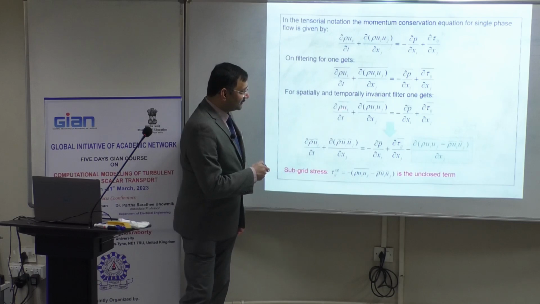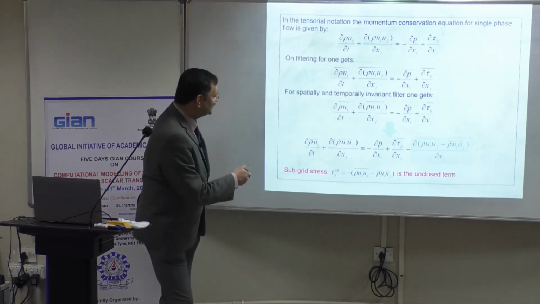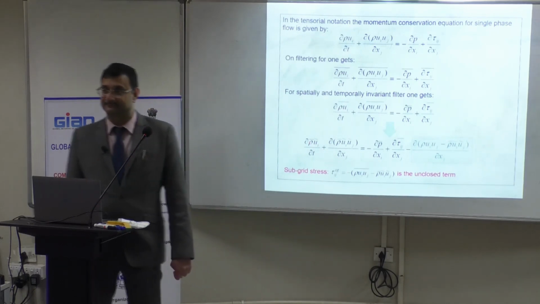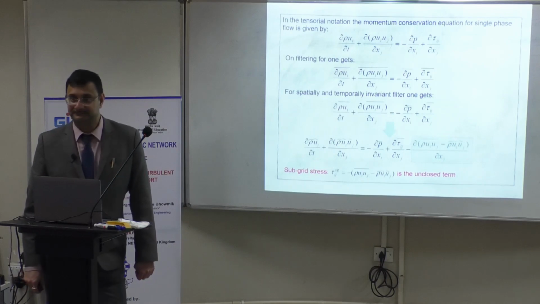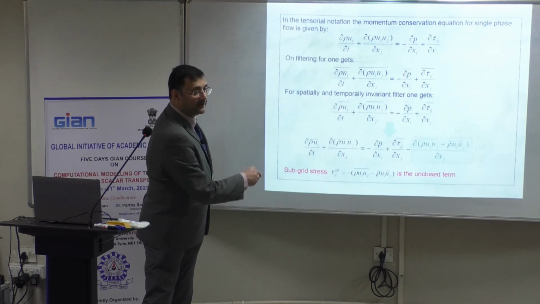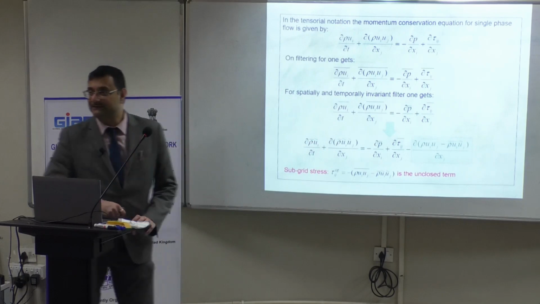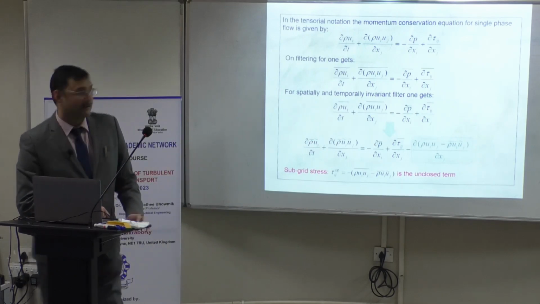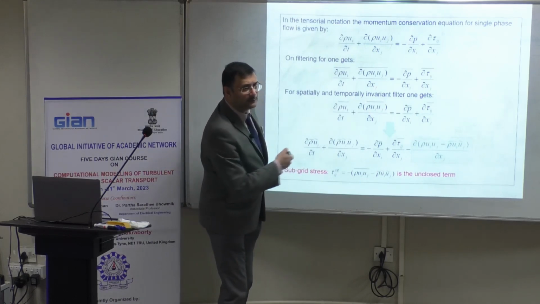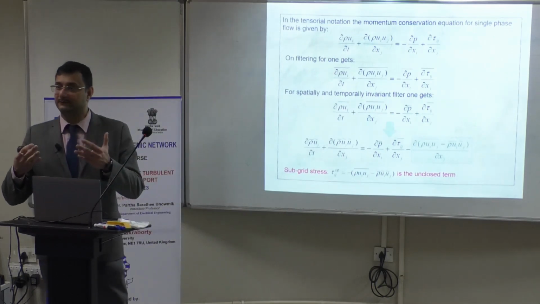Now, from the definition of Favre filtering, this quantity I can write as rho bar u_i tilde. Clear? By definition, rho u_i bar is nothing but rho bar u_i tilde, density weighting. This quantity, however, is unknown to me, because I'm solving for Favre filtered quantities.